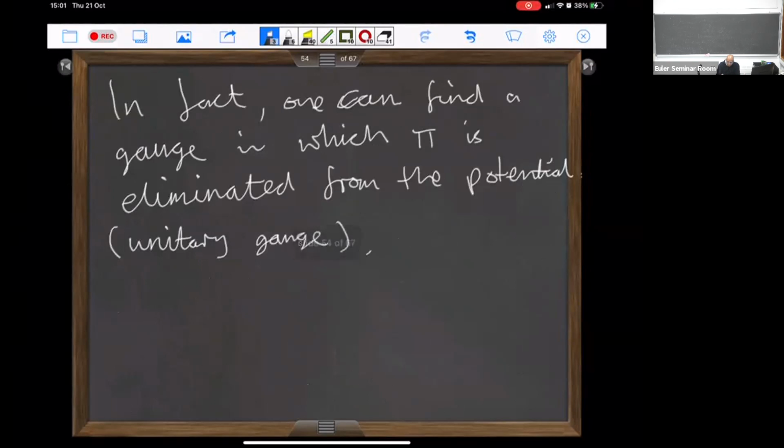I didn't say that sigma prime gives rise to a massive Higgs particle, a single massive Higgs particle in this system.